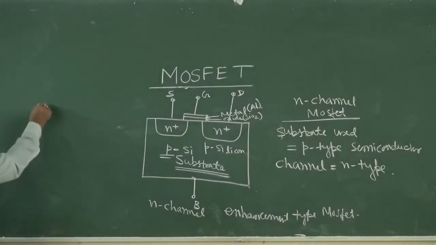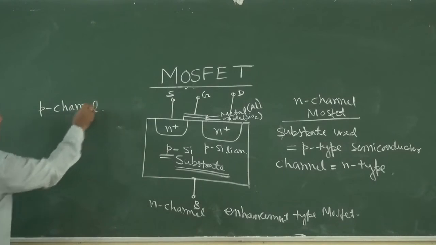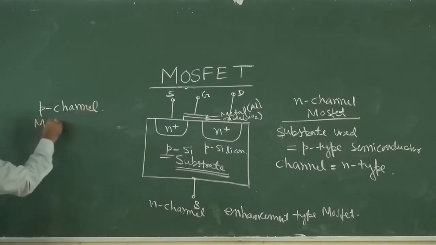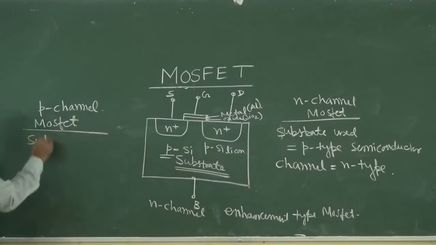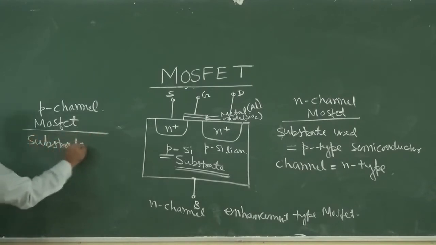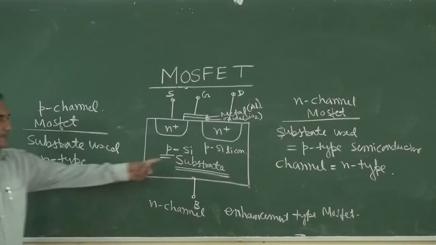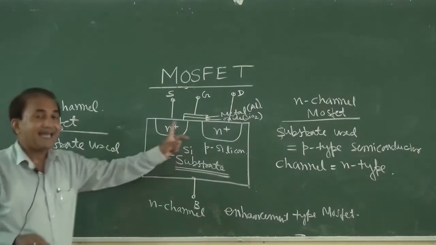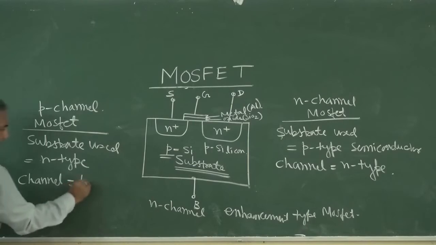Whereas in case of P channel MOSFET, the substrate used is N-type, and the channel will be P-type.